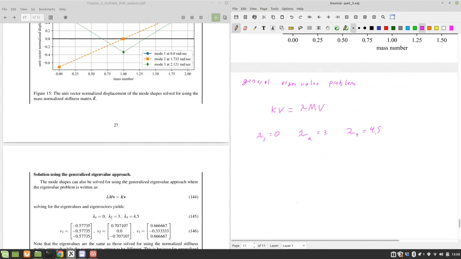And then our eigenvectors are: v1 vector is equal to negative 0.577, negative 0.577, negative 0.577.